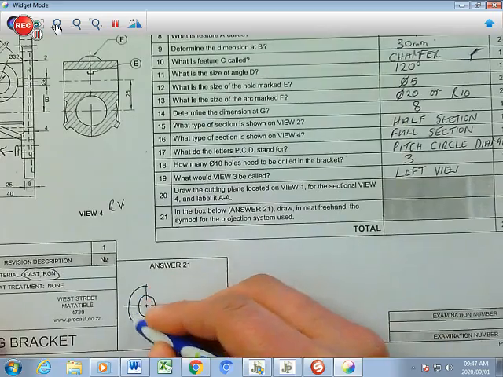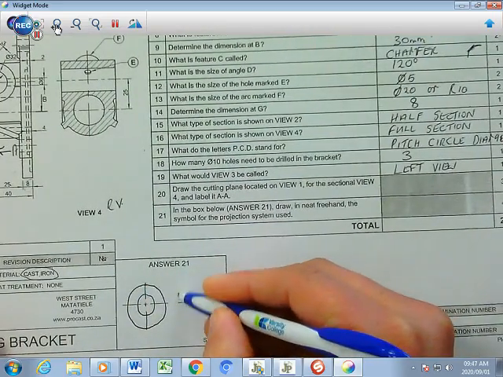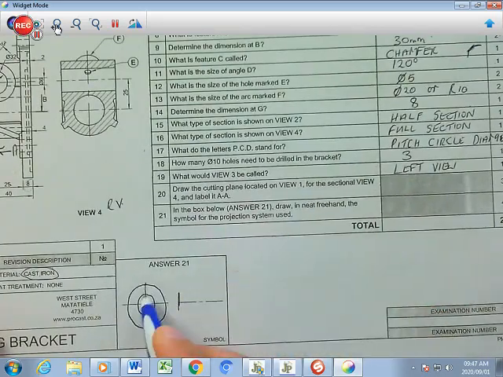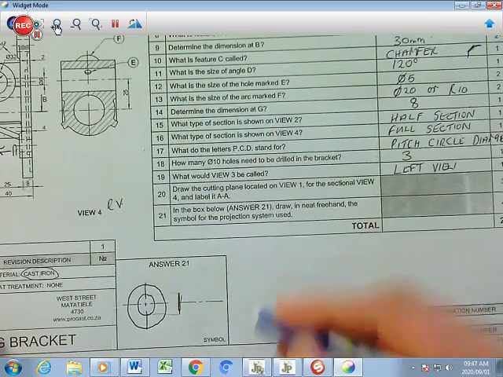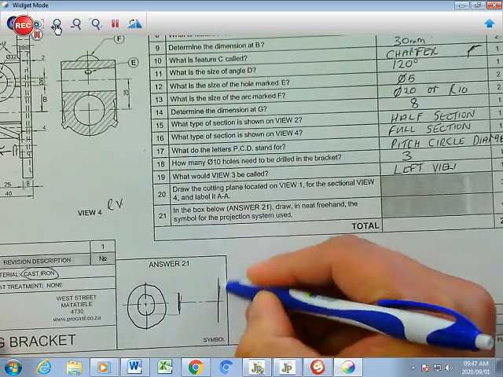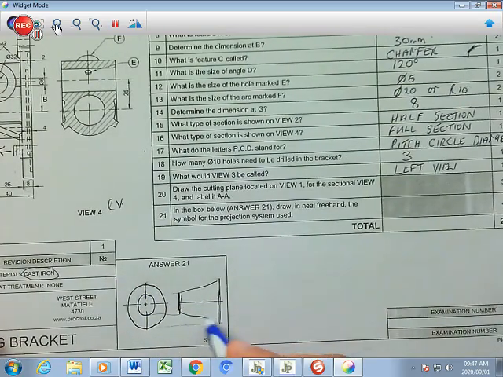A bigger circle, half a mark. Then I go here, a small line that reflects the size of that there, half a mark. A bigger one further away, which reflects this there, and then I connect it, half.